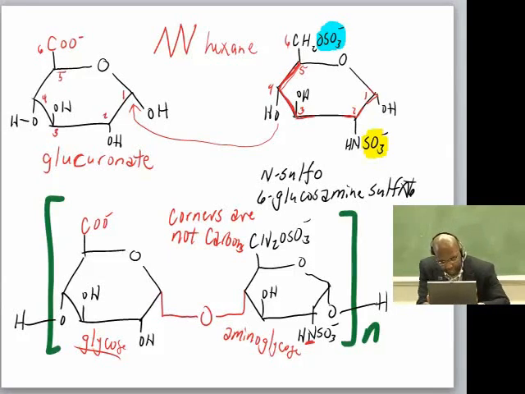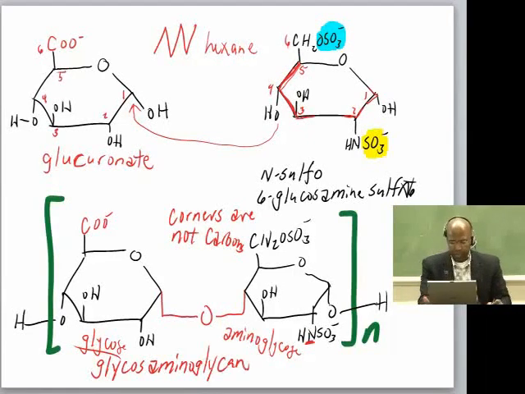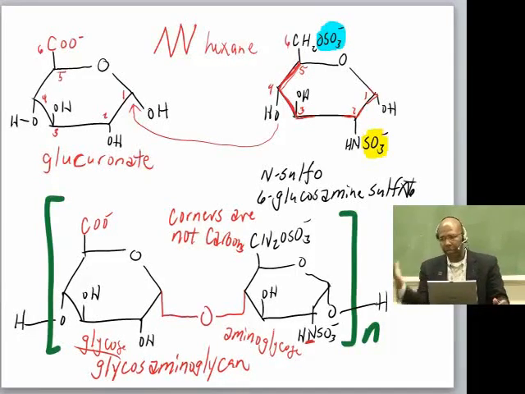It's called a glycosaminoglycan. A glycosaminoglycan is the name of this repeating unit of glycose, aminoglycose. And these are very important in biochemistry.